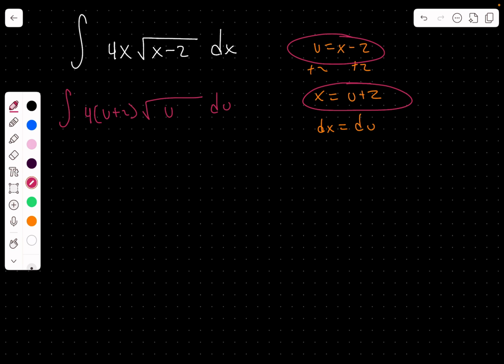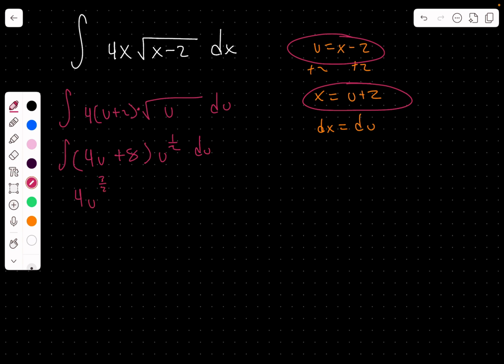I'm going to now distribute, condense, and simplify this. So 4 times u is 4u, and 4 times 2 is 8. Then this is being multiplied, so we also have to distribute that u. I'm going to rewrite it as u to the 1/2. Then I'm going to distribute it. So 4u times u to the 1/2 gives us what? 4u to the 3/2.